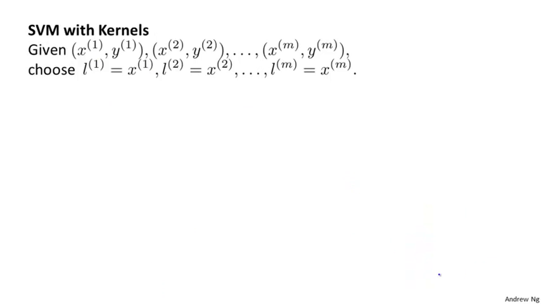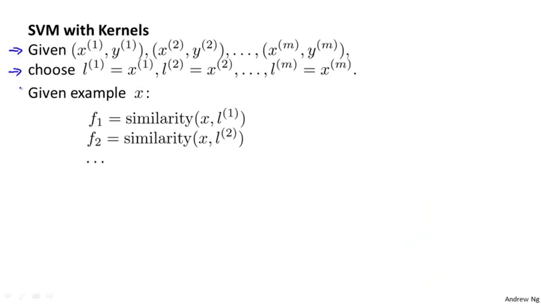Just to write this out a little more concretely, given m training examples, I'm going to choose the locations of my landmarks to be exactly the locations of my m training examples. When you're given an example x, and this example x can be something in the training set, the cross-validation set, or the test set, I'm going to compute these features F1, F2, and so on, where L1 is equal to x1, and so on.